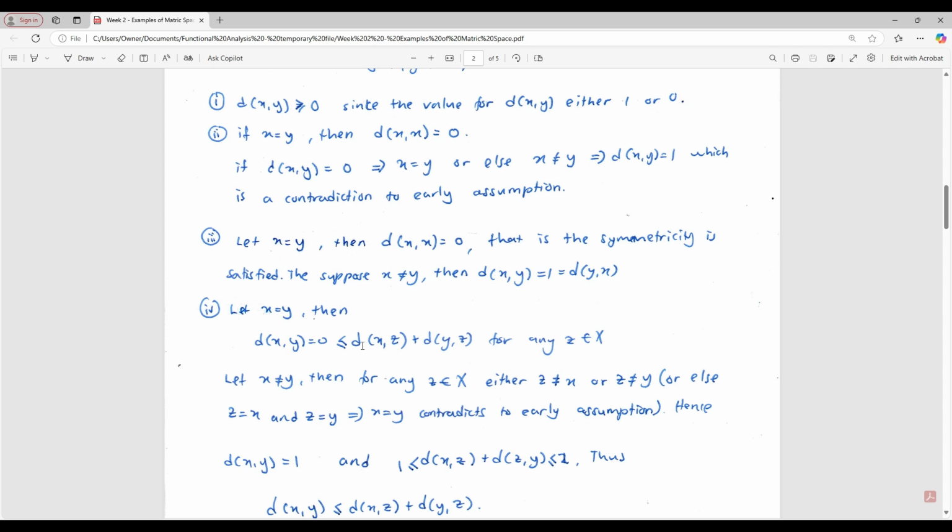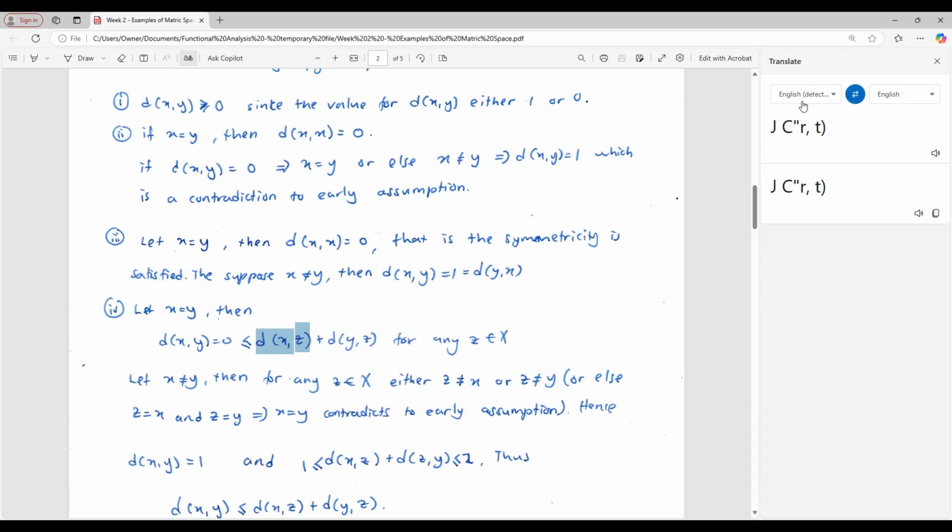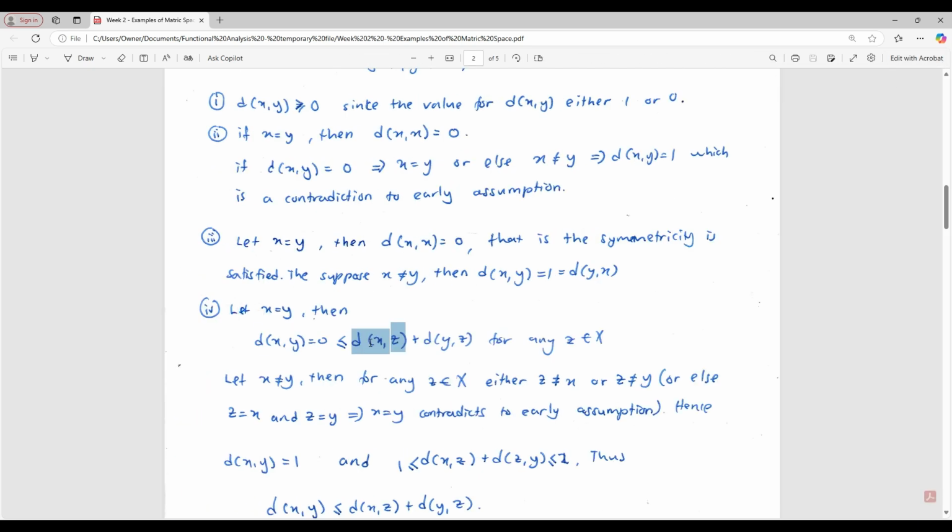So this part could be equal to 0, and this part also could be equal to 0. So therefore this 0 plus 0, the minimum value, is equal to 0. So this can only happen if x equal to y and y equal to z.